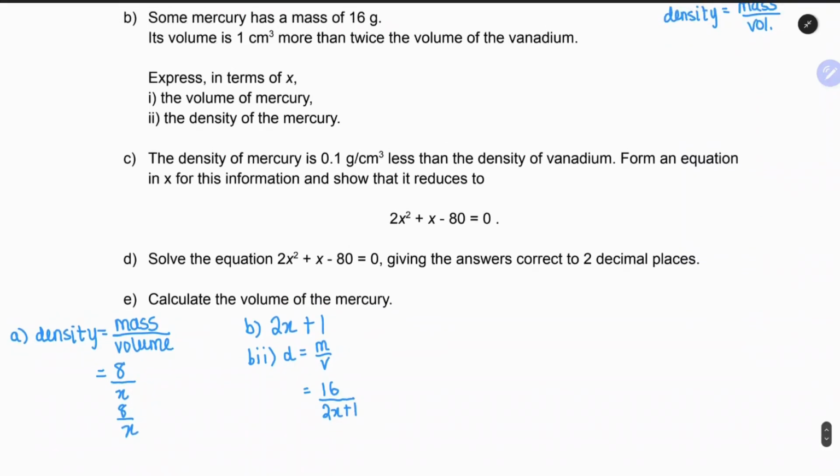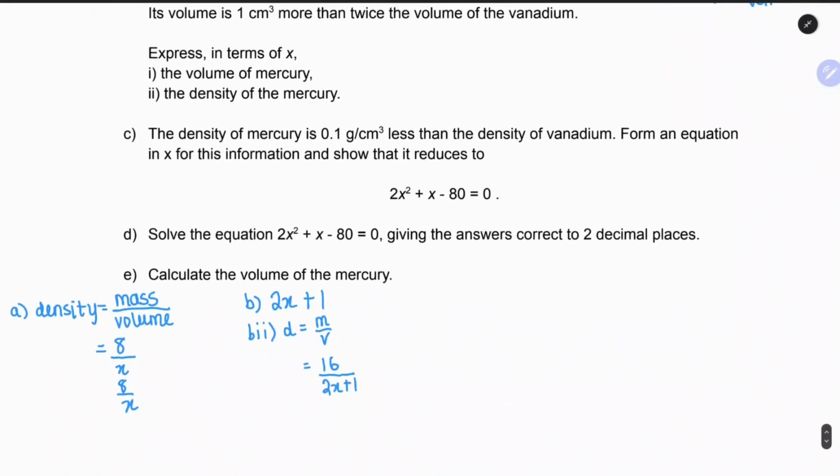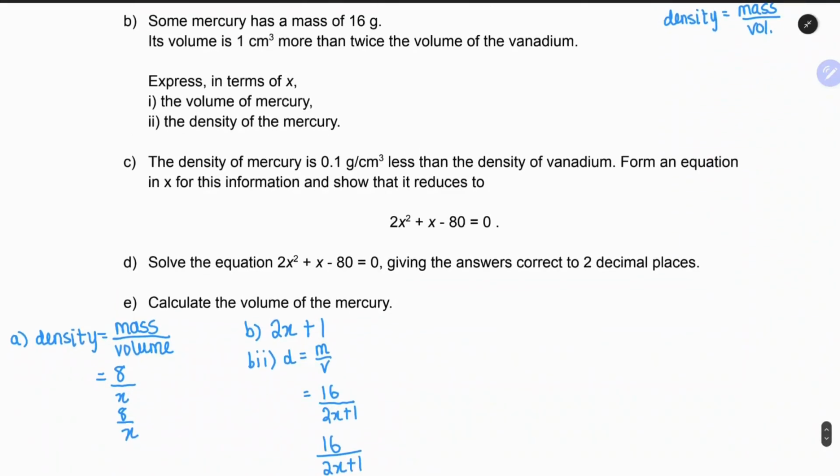Excellent. So we have 16 divided by 2x plus 1. So that would be the density. Of course, you rewrite it. Yep, and then we can proceed on to the next question, C.